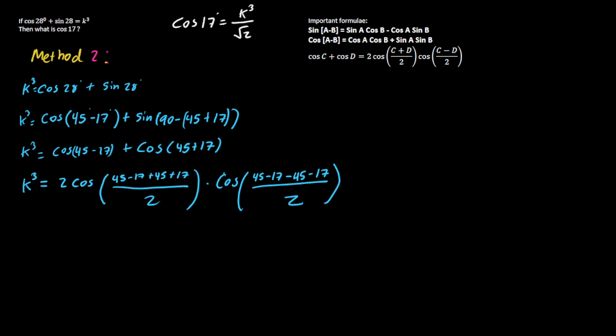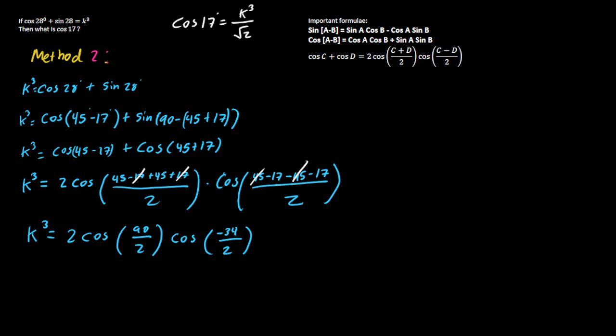All right, so in this one, we can cross out the positive 17 and negative 17. And in this one, we can cross out the positive 45 and negative 45. That leaves us with k cubed is equal to 2 cos 45 plus 45 is 90, so 90 over 2, cos negative 17 minus 17 is negative 34, so it'd be negative 34 over 2.